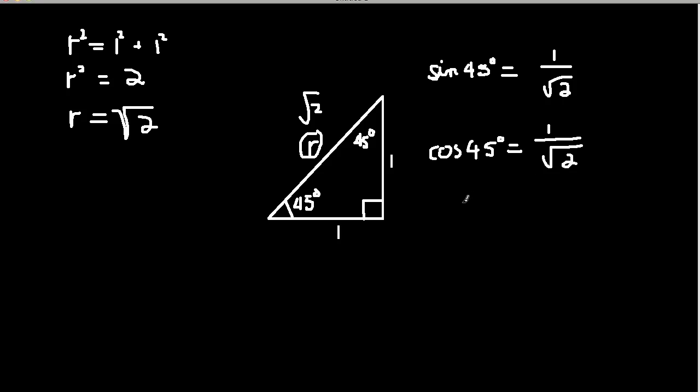Okay, so those are sines and cosines for some of our special angles, in particular 30 degrees, 45 degrees, now 60 degrees. The final angle I want to look at here is 60 degrees. And I'll tell you what the result is.